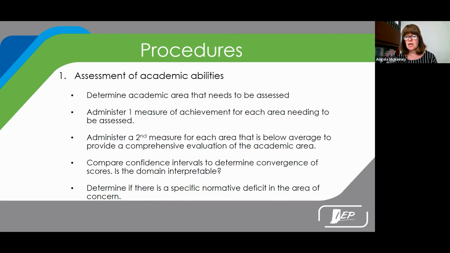So most of the time, we're thinking at least below 85. Now, some of you within your district may say, you know what, it needs to be below 80 for us to consider that a normative deficit. We just know it has to be below average, right? So how you do that locally may vary.